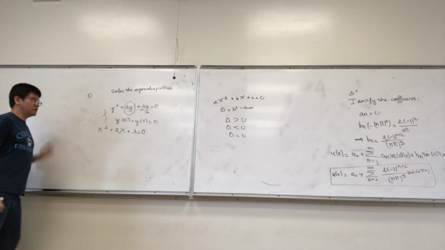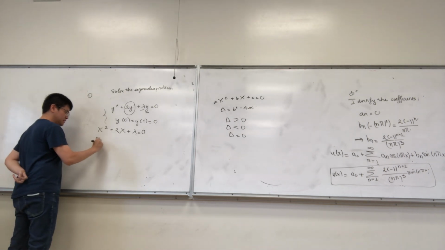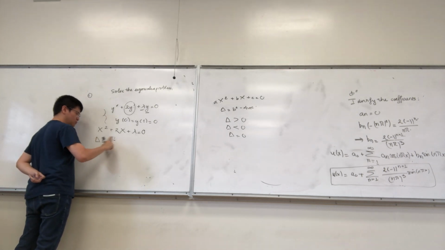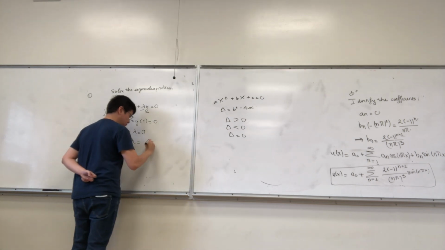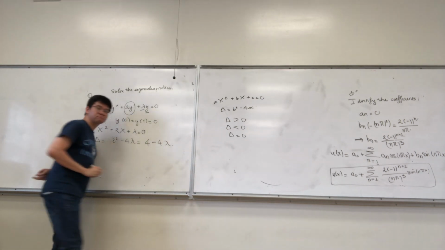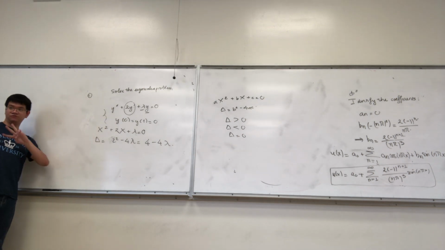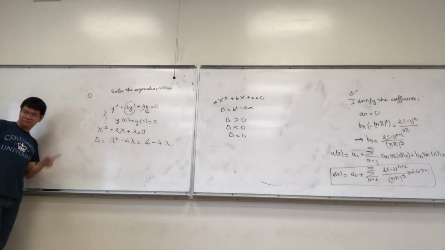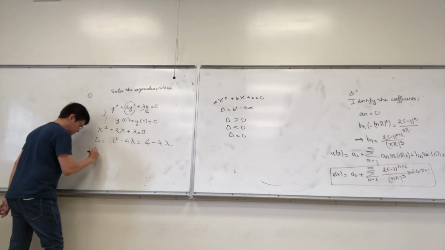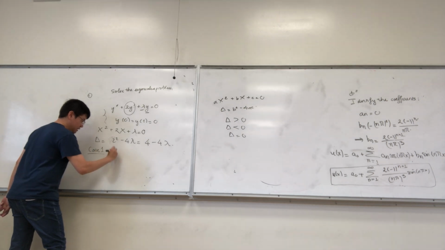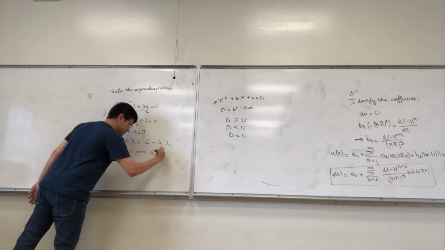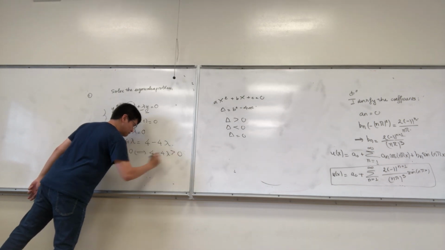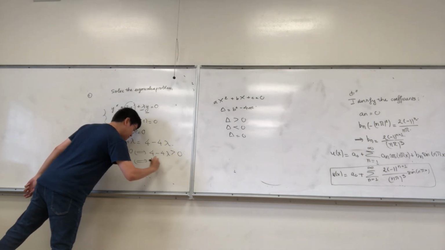So the delta in this case will be 2 squared minus 4 lambda, and this is 4 minus 4 lambda. Right? You consider 3 cases. Lambda is positive. Case number 1. Lambda is positive, which means that 4 minus 4 lambda is positive, and this means that 1 is greater than lambda.